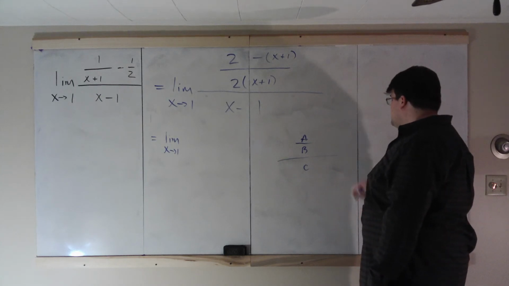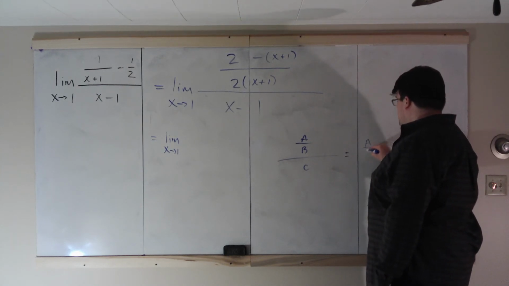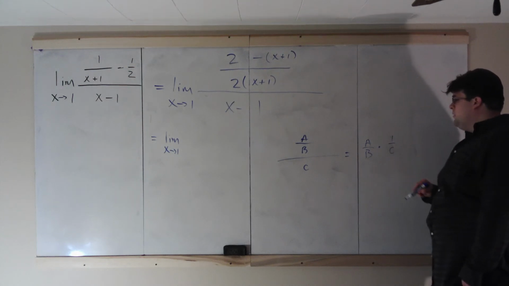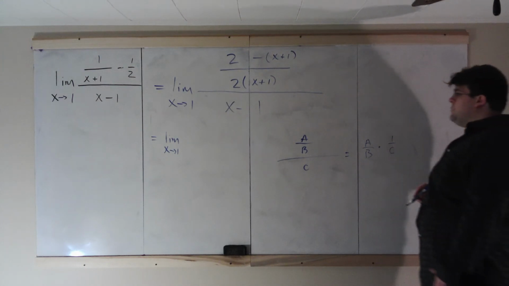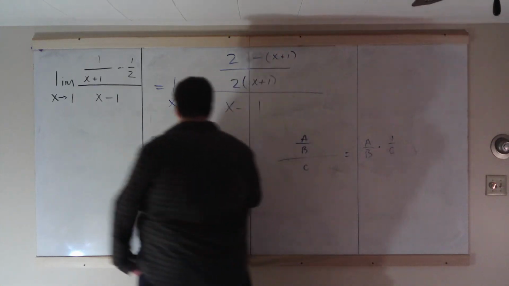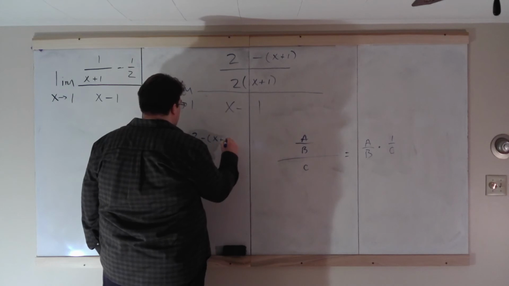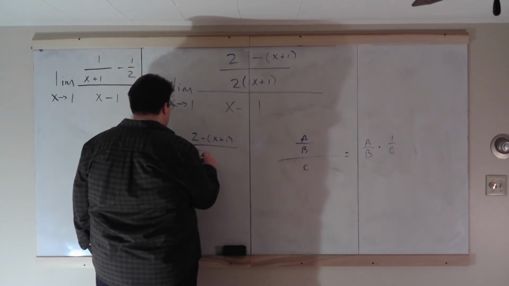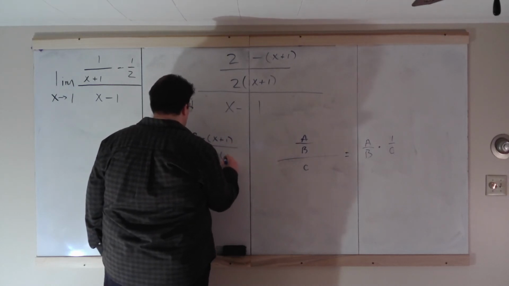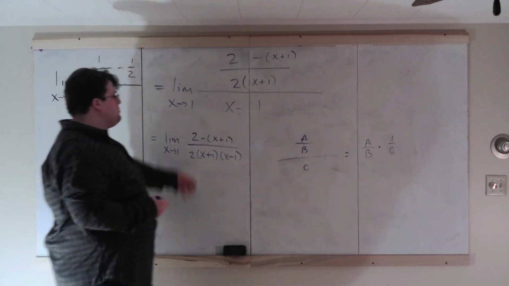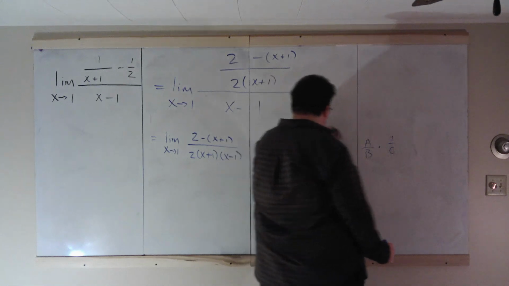A fraction divided by c is what? Multiplied by the reciprocal. Multiplied by the reciprocal of the bottom. The reciprocal of the bottom is 1 over x minus 1. So we get 2 minus x plus 1 all over 2 times x plus 1 times x minus 1. So all we did here was multiply by the reciprocal of the overall denominator.